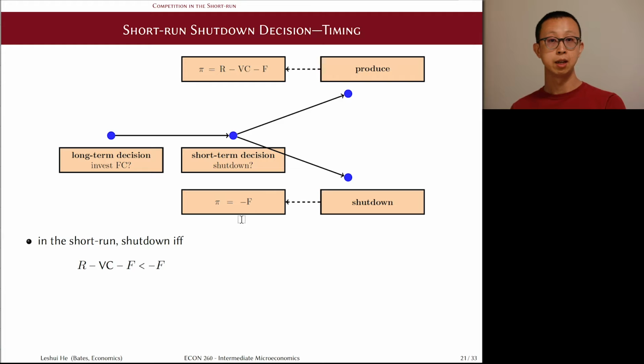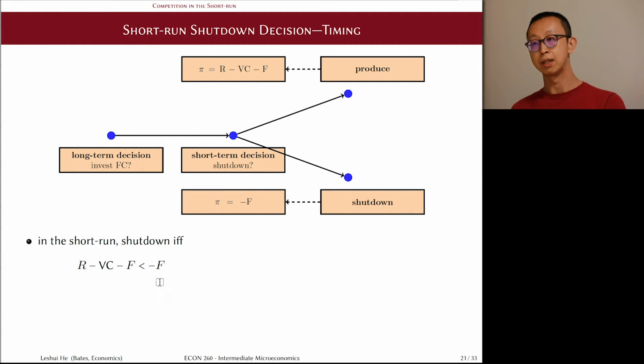On the other hand, if the firm chooses to operate, then it will earn a revenue, but also incurs a variable cost and the fixed cost. Now, compare these 2 alternatives side by side. Shutting down will be better than operating if and only if shutting down incurs a higher profit than the operating profit. And that's exactly this inequality we have here.